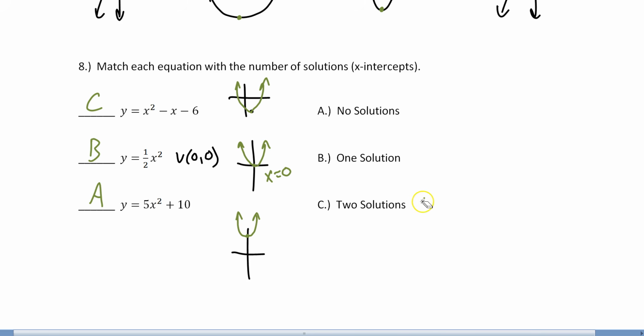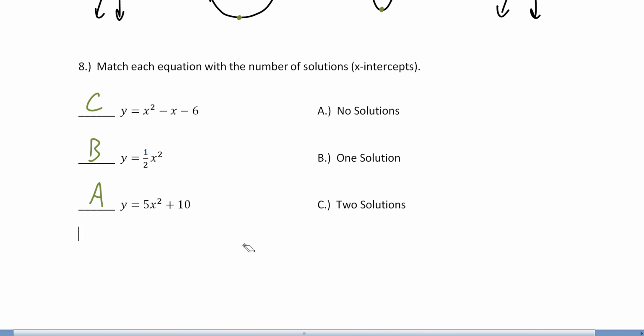Okay, the other option, though, if I were to start from scratch here, is to literally just find the solution. So I plug a 0 in for y, and I'm just going to solve. So if I take that first one off to the side, I've got x squared minus x minus 6 equals 0. The first method I always try for solving is solving by factoring, so I build a bridge. That's a -6. Two numbers that multiply to -6 but add to a -1 are a -3 and a +2.